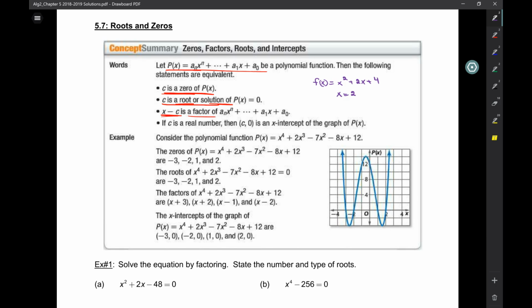If x equals 2 is a 0, that implies that x minus 2 is a factor. And that number is also an x-intercept.